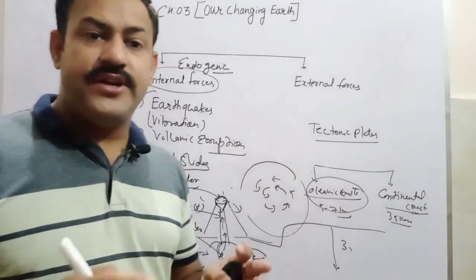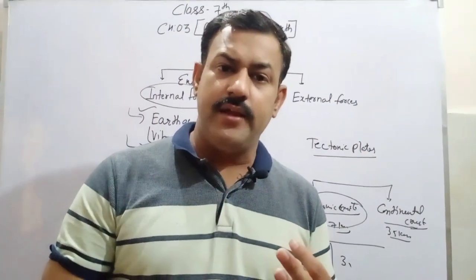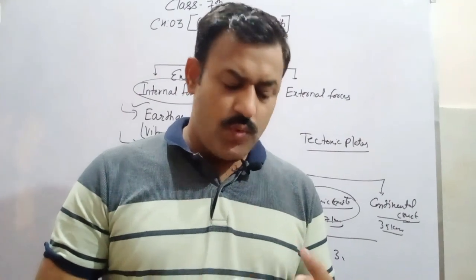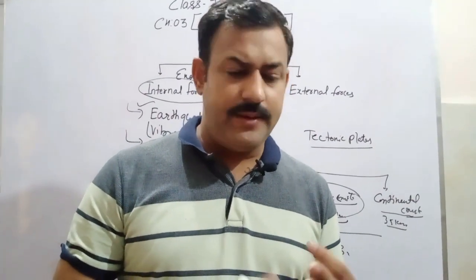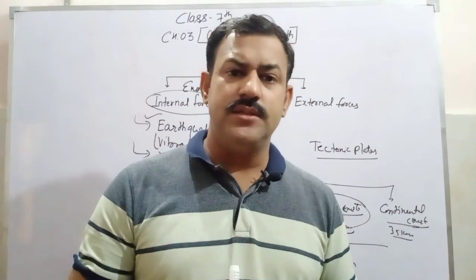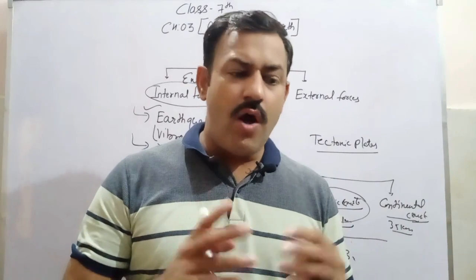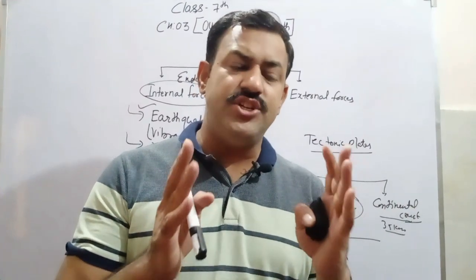So today we have studied endogenic forces, where we studied volcanic mountains, earthquakes and their mechanism, seismic waves. Now one important question is, how do we measure seismic waves, or how do we measure the intensity of earthquake?